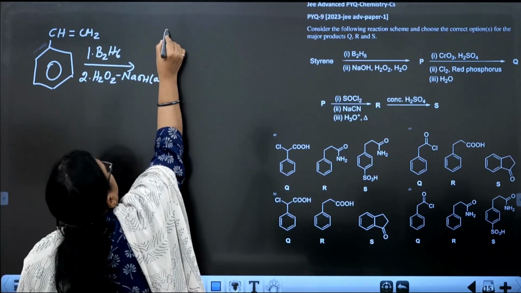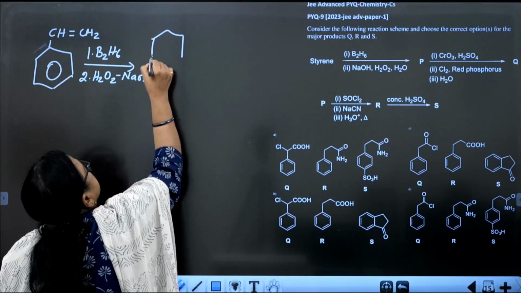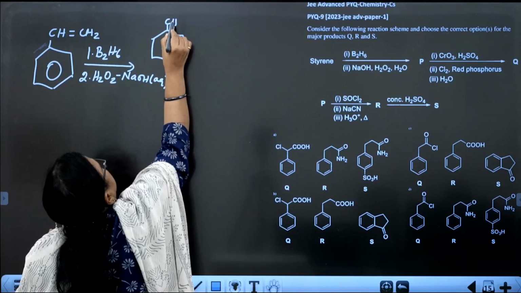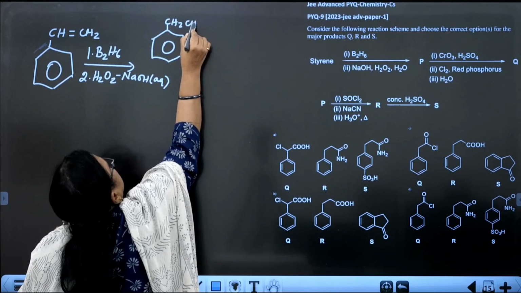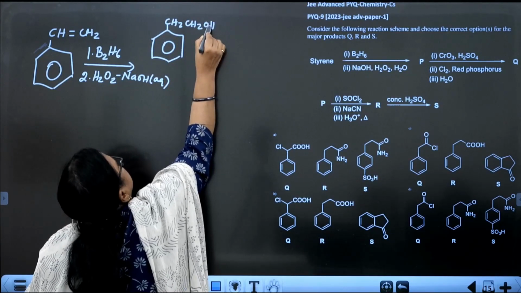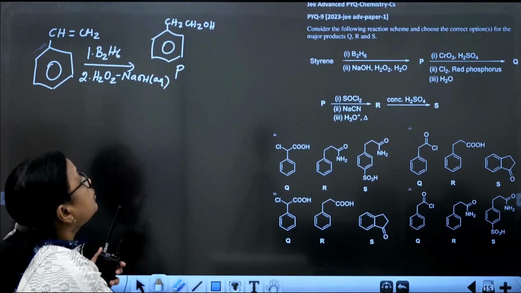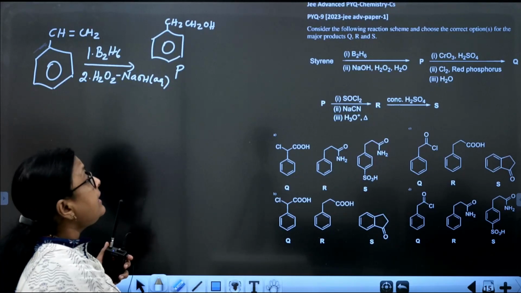You get an alcohol which is just opposite of Markovnikov's, and you get here C6H5 CH2 CH2OH, and this compound is P, which is 2-phenylethanol.